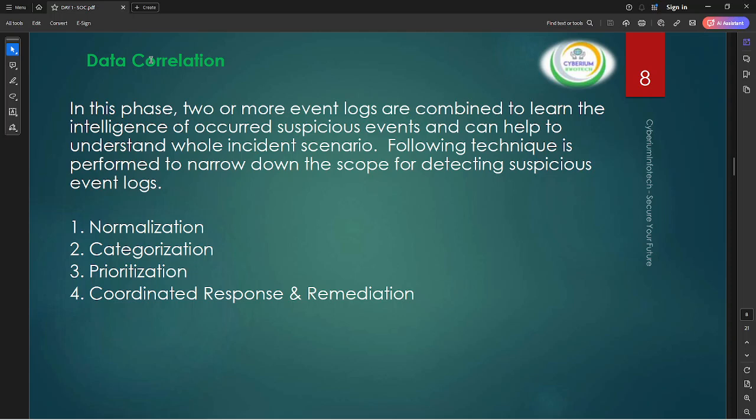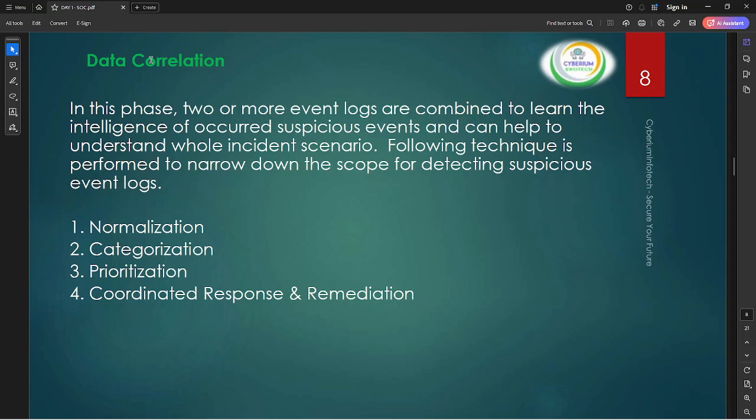Logs generated from firewall, IDS, IPS are all in different formats, and all of the timestamps will be totally different. So we reformat logs into one single type so that you can understand that at this particular time, this particular activity has happened. This is called normalization, and it will eliminate redundant log entries.